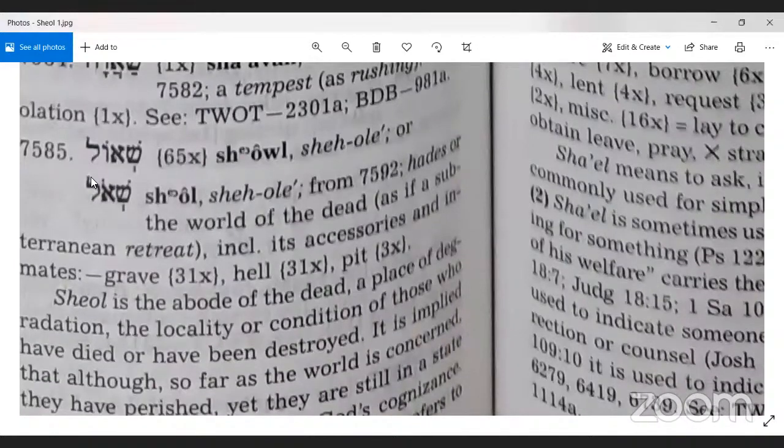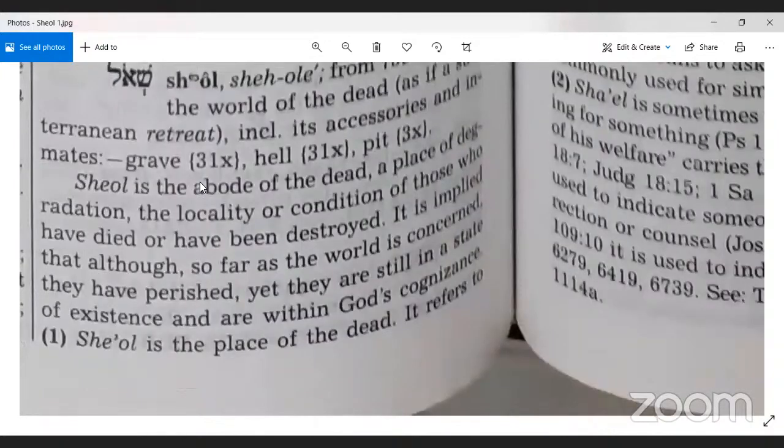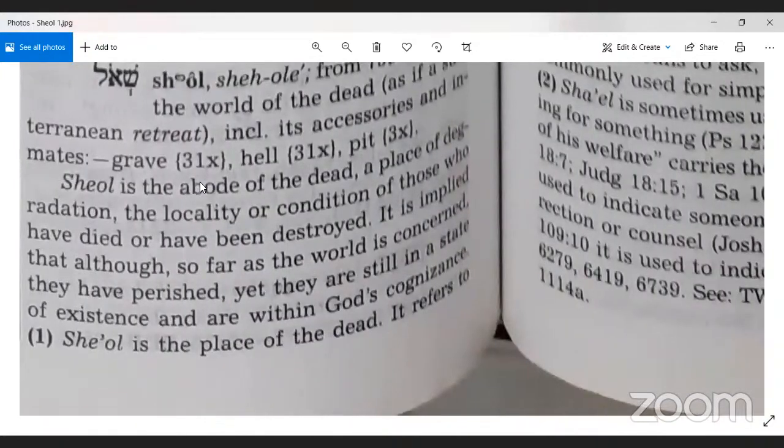Well, I disagree, because when we start talking about the underworld and we start talking about the lower self and the higher self, when we're talking about a subterranean retreat, I'm thinking about somewhere in the lower self.